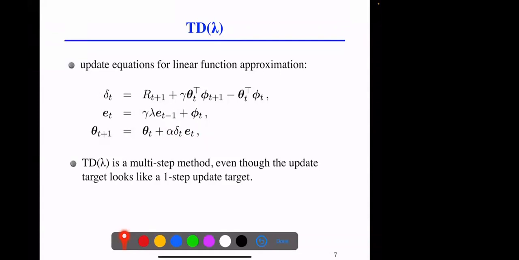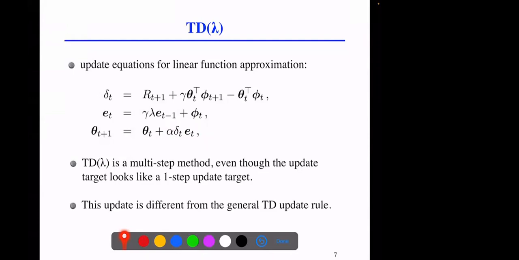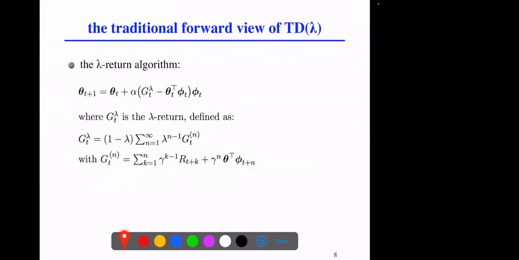And like I said before, it's a very strange update equation in a sense. It doesn't look like the one that was derived in the previous slide for the one-step update target. So what's going on here? Is this even a valid method? Well, it's different from the general update rule.